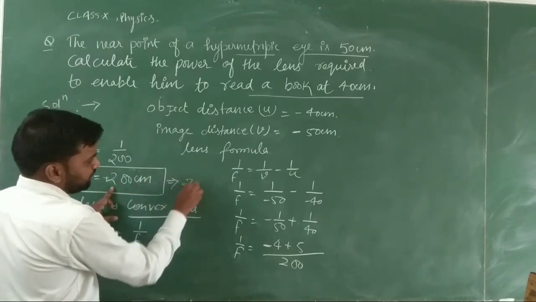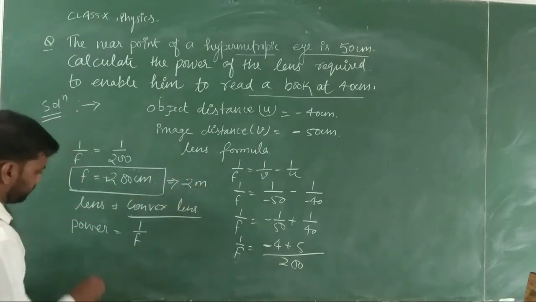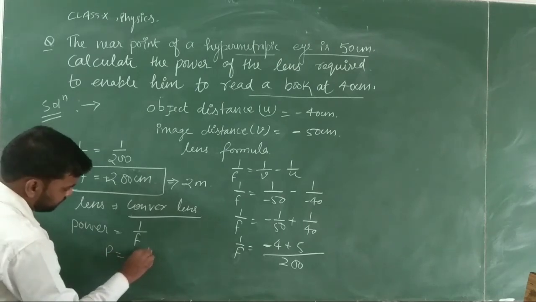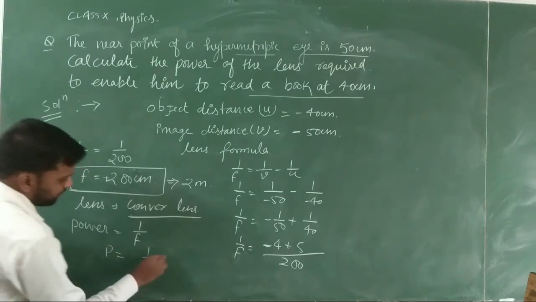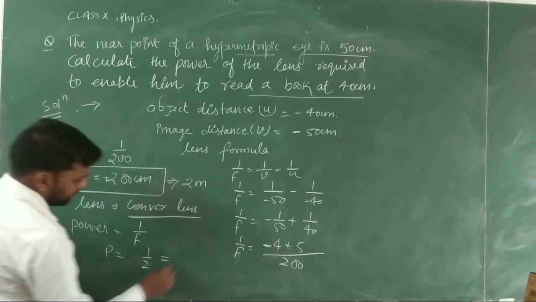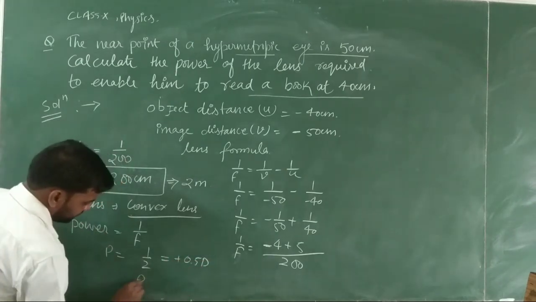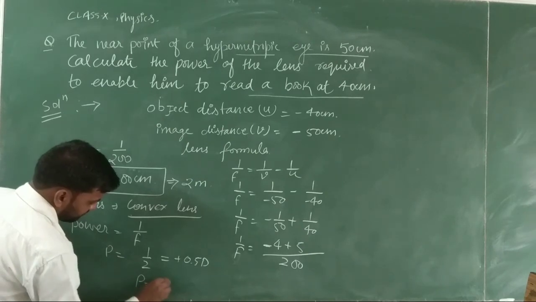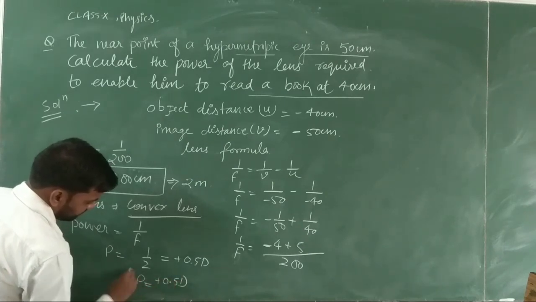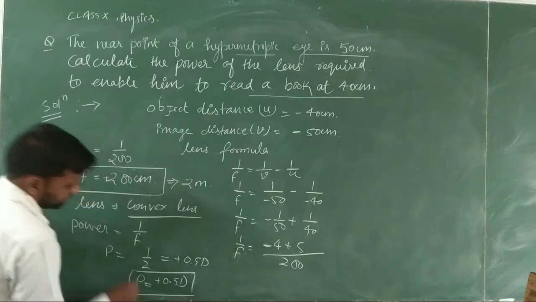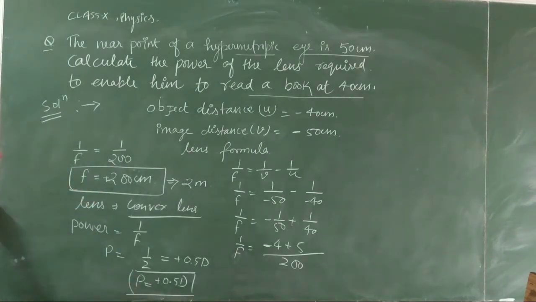Okay, it will be 2 meter. So power P will be equal to 1 upon 2. We can simply solve it. So the power of the lens will be plus 0.5 diopter. It will be the answer of this question.